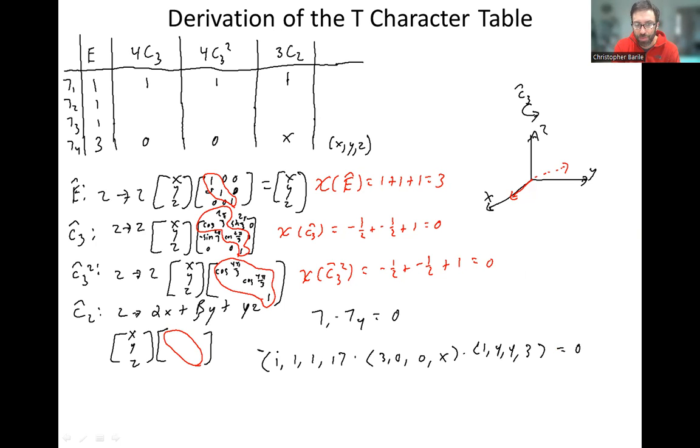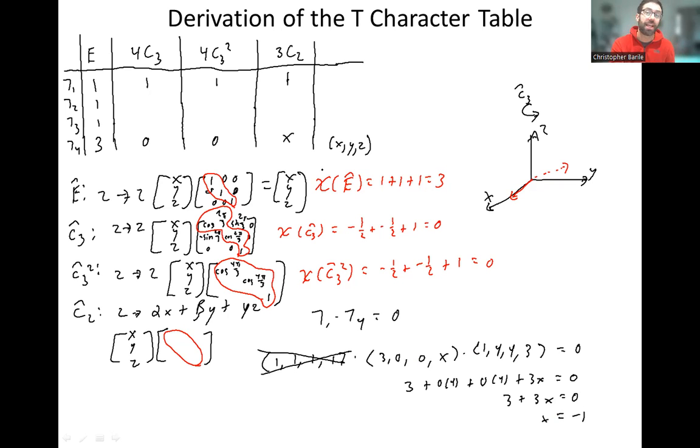So of course, this term just goes away because we're multiplying everything by 1. We multiply that out and we get 3, but these terms are 0. 3 plus 0 times 4 plus 0 times 4 plus 3 times x equals 0. We end up with 3 plus 3x equals 0, and we solve for that and get x equals negative 1.